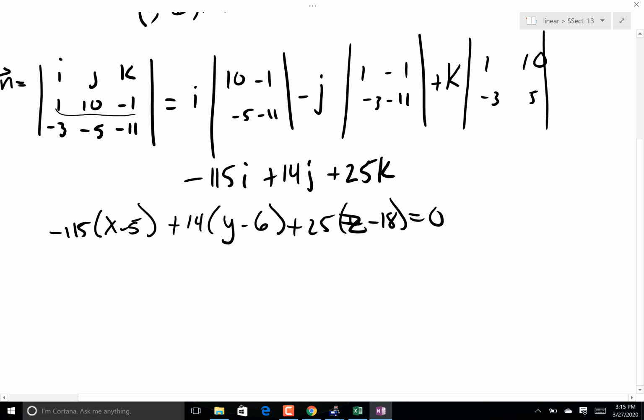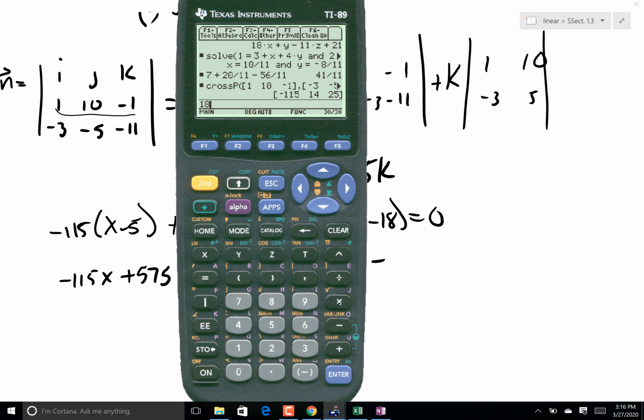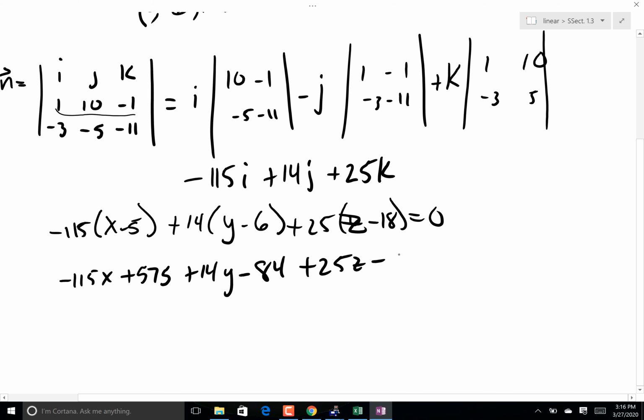Now, watch very carefully. If I distribute this, you're going to get 575, I believe, plus 14y minus 84 plus 25z minus 450 equals 0.